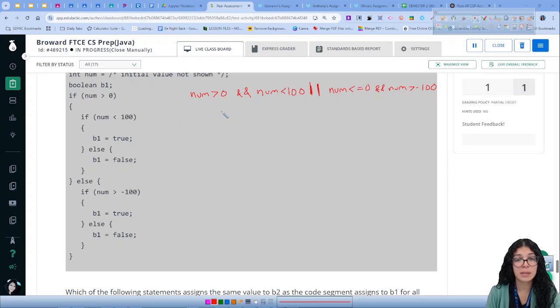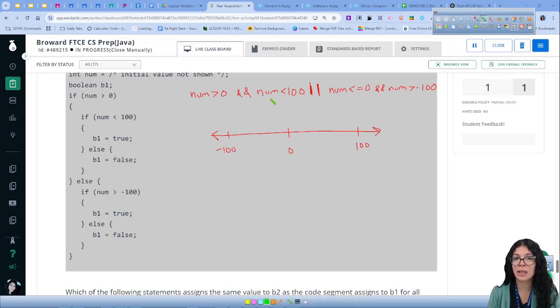Okay, so if we think about these numbers, there's two ways for the B1 value to get true. Num has to be bigger than 0 and less than 100, or it could be less than 0 and including 0, and be bigger than negative 100.